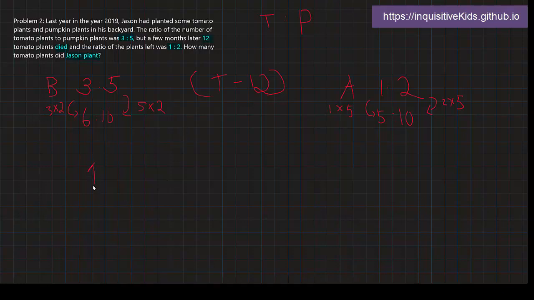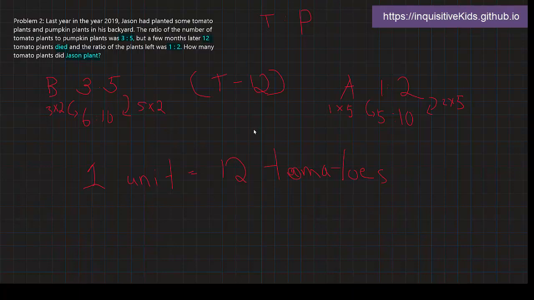So now we can figure out what 1 unit is. It's 12 tomatoes, because in the problem they said that the change was minus 12 tomatoes, and over here it's minus 1 unit. So that must correspond together into 1 unit equals 12 tomatoes.